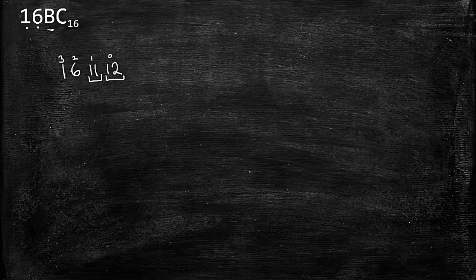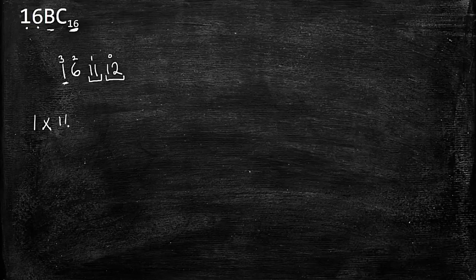Since we are converting from base 16, from hexadecimal, to decimal, what we need to do is multiply each digit by the base we are using.